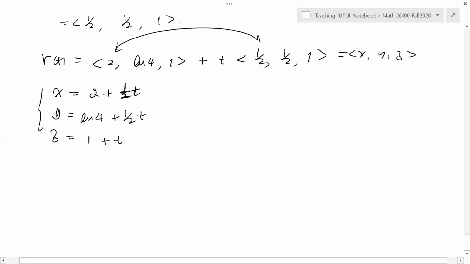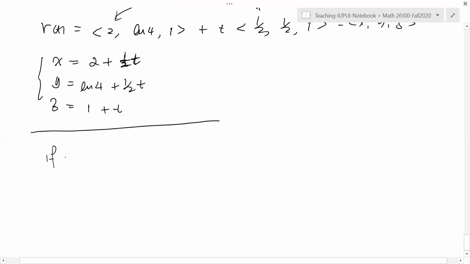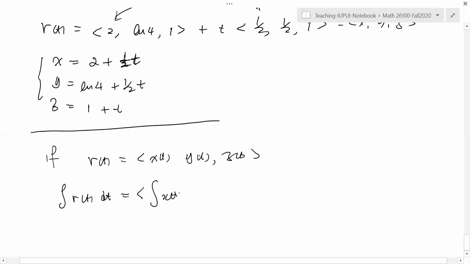Now, when you differentiate, you can differentiate a vector function, but you can also integrate a vector function. So if r of t is going to be x of t, y of t, z of t, then you can integrate. Indefinite integral or definite integral doesn't matter. If it's an indefinite integral, you just integrate each of the components.